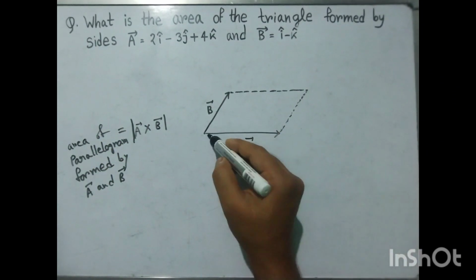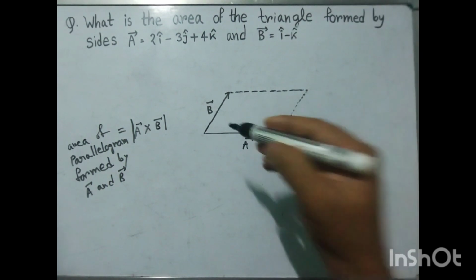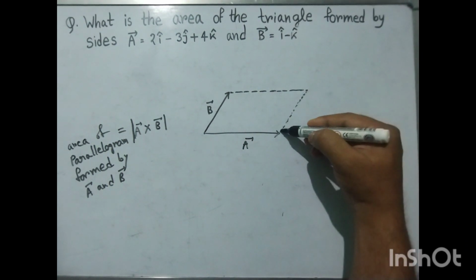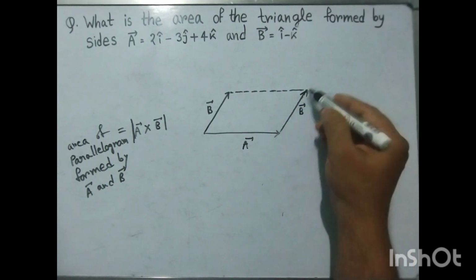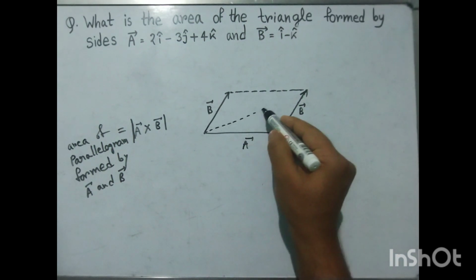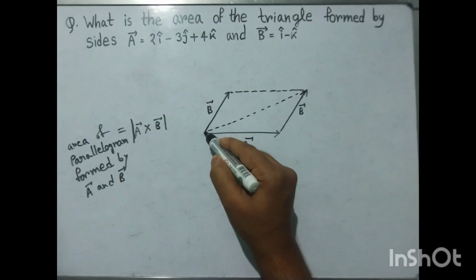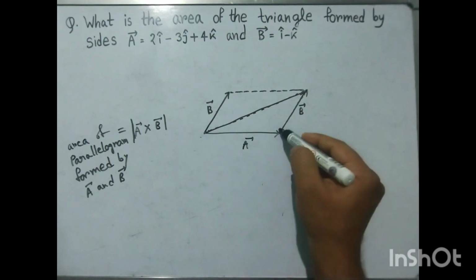And if you are asked to find the area of the triangle formed by a vector and b vector, if this is b vector, we know this is also b vector, direction and magnitudes are same. So the triangle formed by a vector and b vector is this triangle.